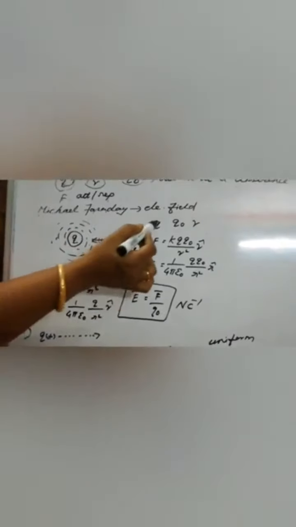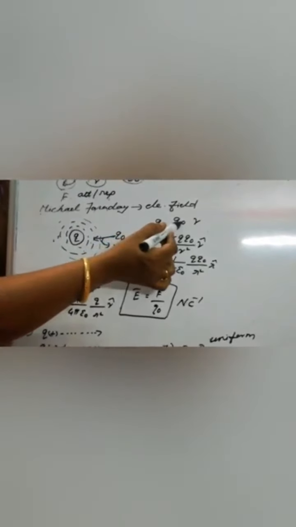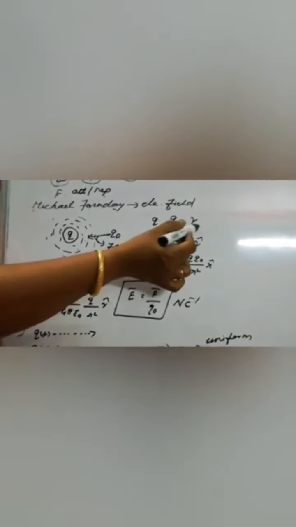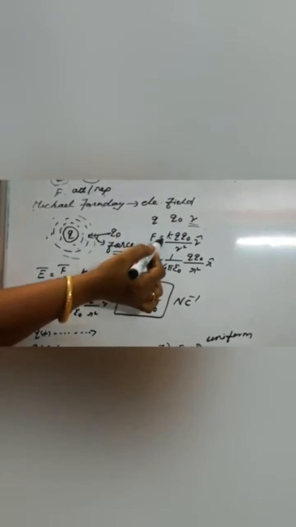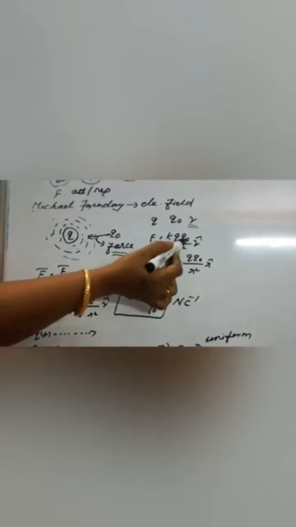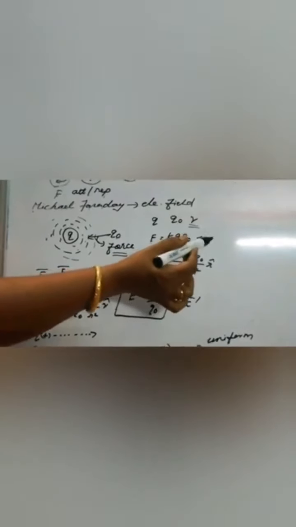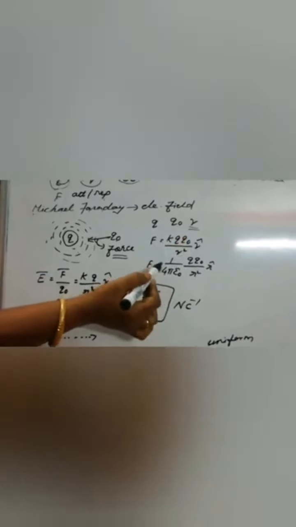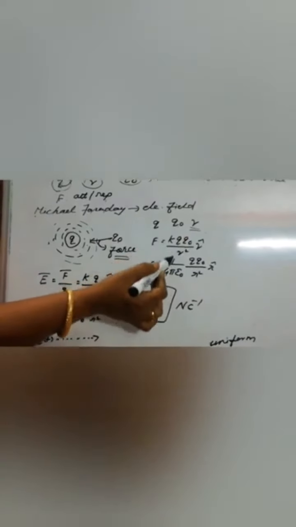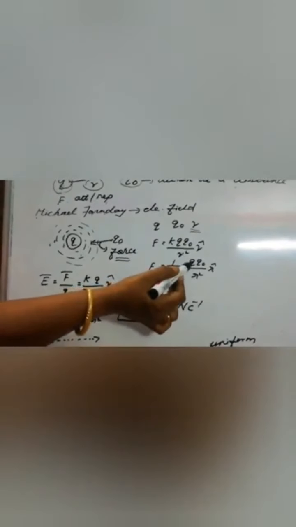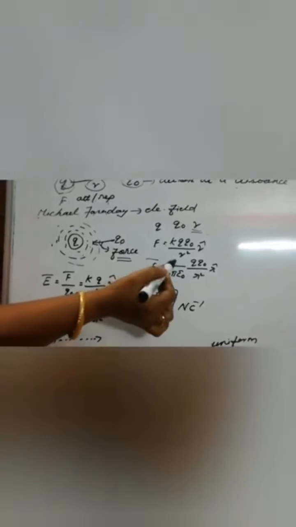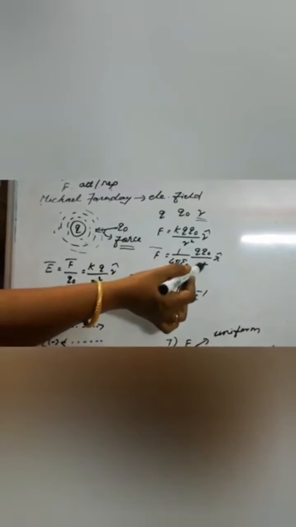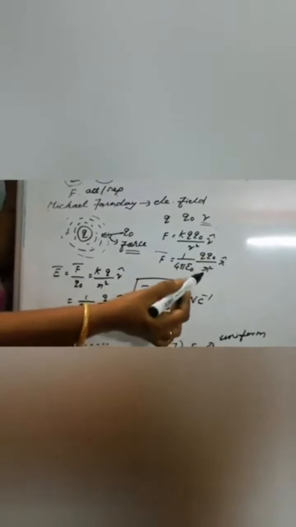Suppose Q is a charge and Q naught is a point charge at distance R. According to Coulomb's law, F equals K Q Q naught by R square into R cap, where K equals 1 by 4 pi epsilon naught. Therefore, the F vector equals 1 by 4 pi epsilon naught Q Q naught by R square into R cap.